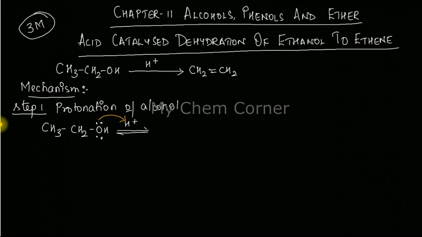Now oxygen has lost a lone pair and therefore oxygen will acquire a positive charge. So I'll get CH3CH2, this hydrogen is already there, and the one next to it is a newly formed hydrogen from the acid. Oxygen will get a positive charge because oxygen has lost a lone pair. Alright, so your alcohol is protonated.